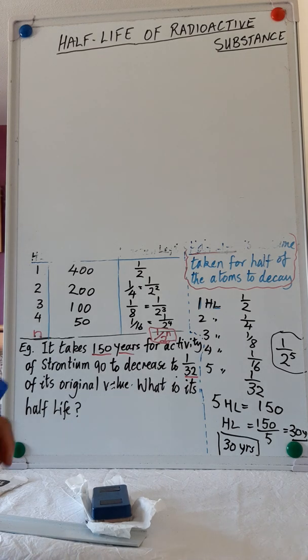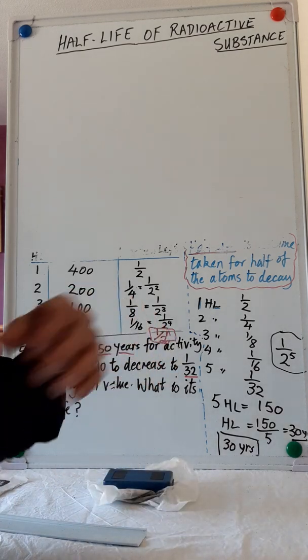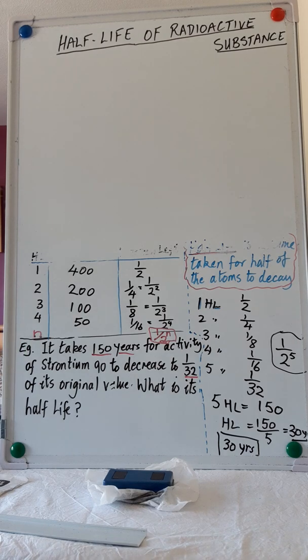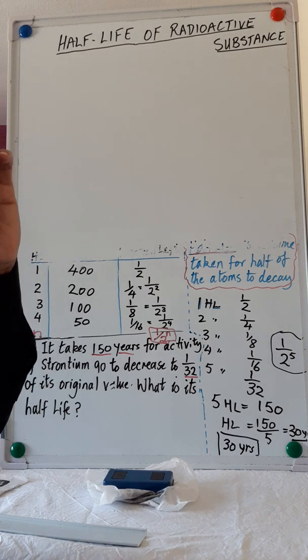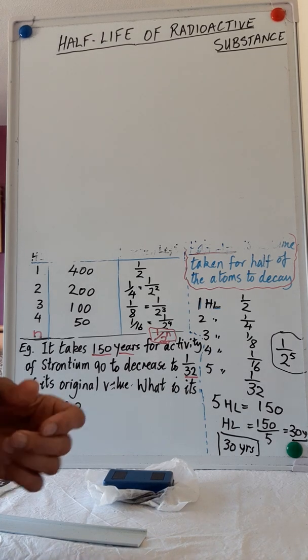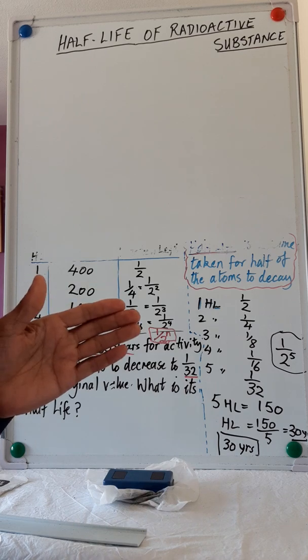And you'll understand the idea. When the tree is living, it absorbs carbon dioxide, and there is a small proportion of carbon-14, which is a radioactive carbon, within the atmosphere. So the tree takes in carbon-14. When the tree is living, its activity is fairly high.